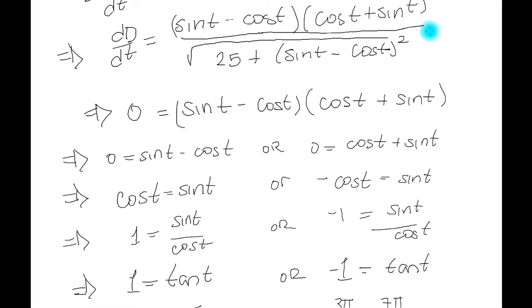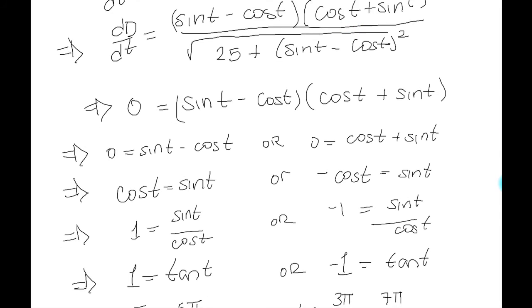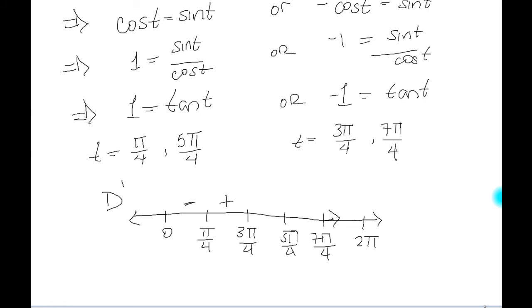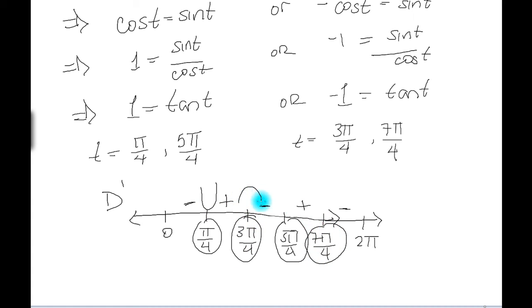So negative times positive equals negative. By symmetry, this is going to be positive, this is going to be negative. Now, in pi over 4 and 5 pi over 4, we have a minimum. In 3 pi over 4 and 7 pi over 4, we have our maximum.